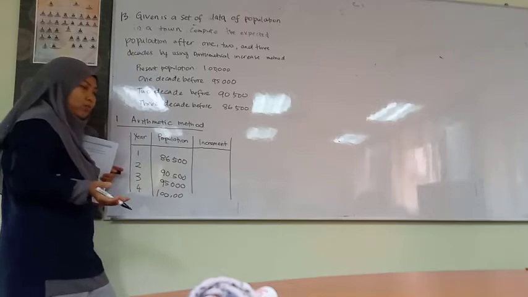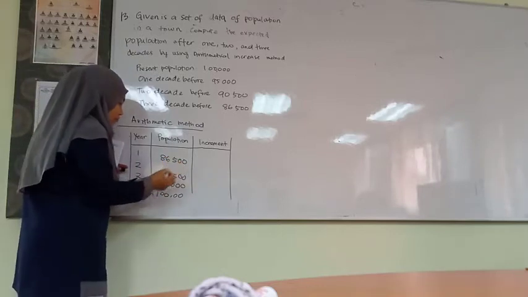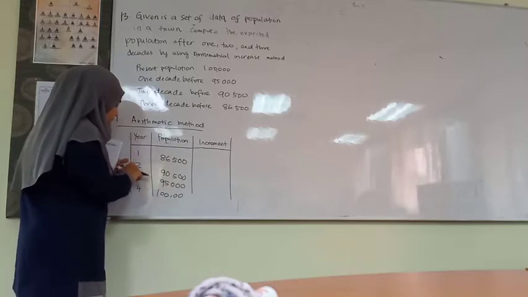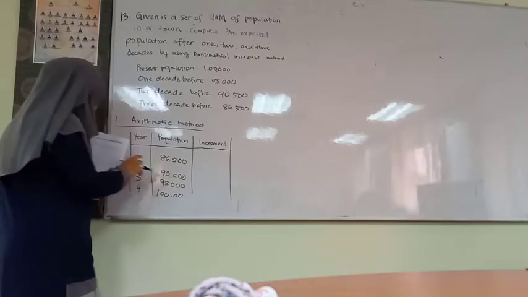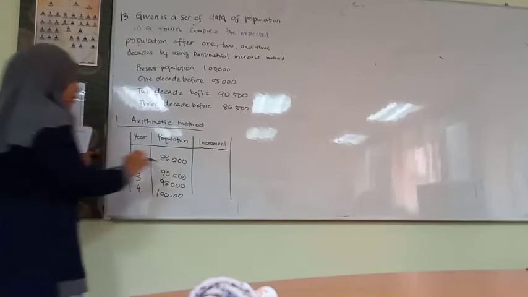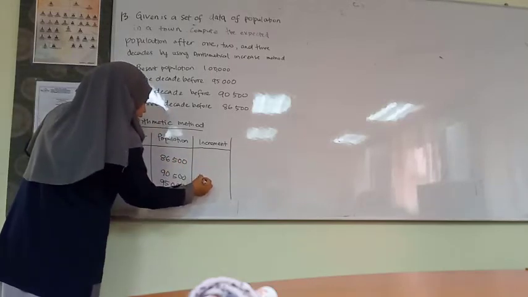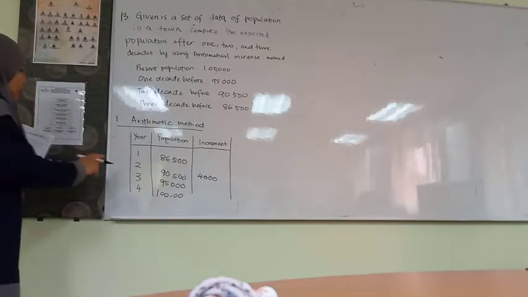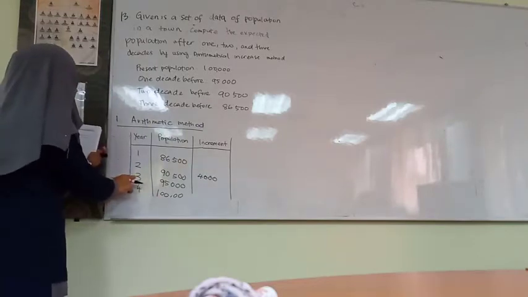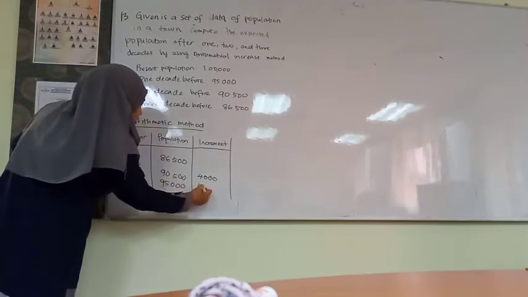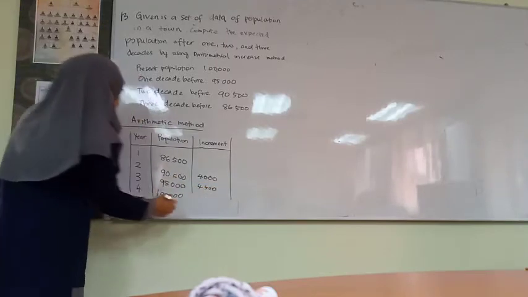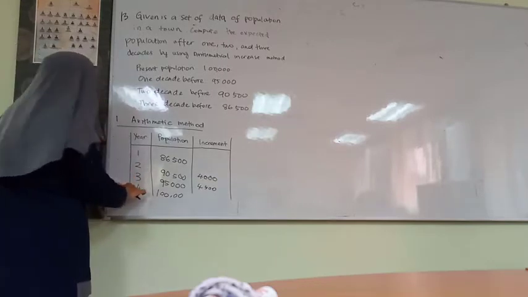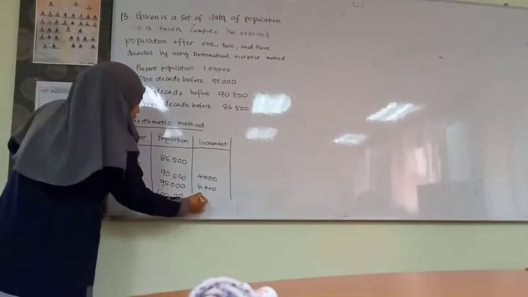So now we are going to find the increment between year 1 and year 2. If you calculate, you will get the increment is 4,000. For year 2 and year 3, the increment will be 4,500, and for year 3 and year 4, the increment will be 5,000.